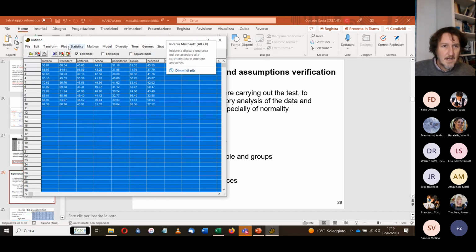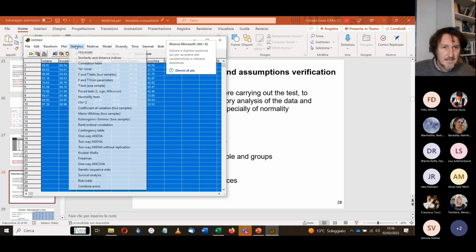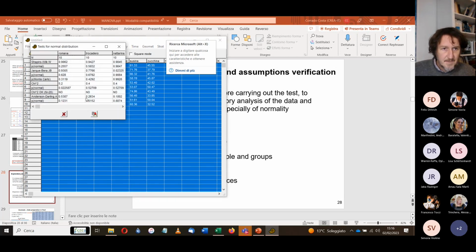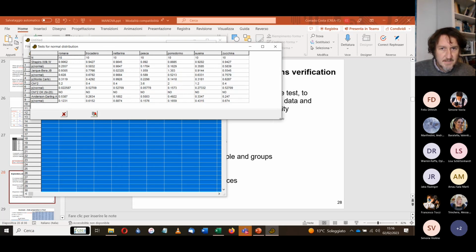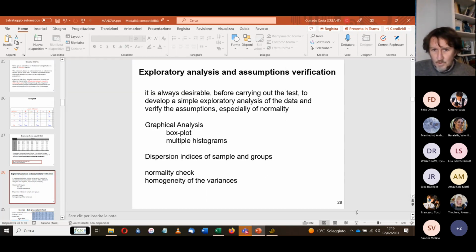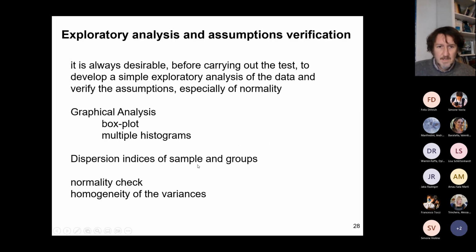Okay, we start with statistics, normality tests, and we observe that all the distributions are normal. So the null hypothesis of normality is accepted. So we can go ahead with the ANOVA and go on.